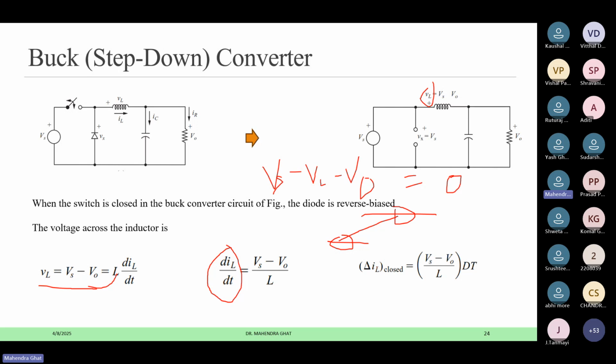So delta IL of close, one more step is there, where I am writing dIL equals Vs minus Vo divided by L into dt.